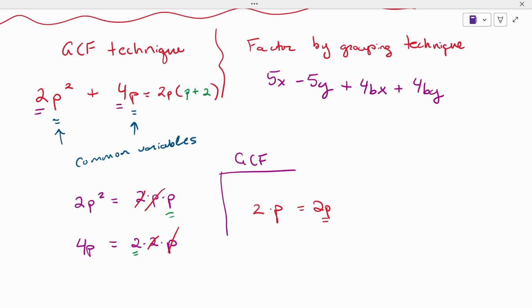That should send red flags off in your mind to begin thinking about utilizing the factor by grouping technique. One thing you could do right off the bat is pull out the common factor 5 and perhaps think about pulling out the common factor 4b from these two expressions. And you'll see what you're left with are an x minus y and an x plus y.